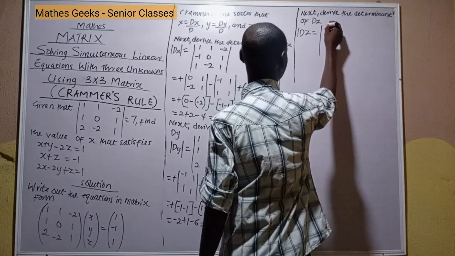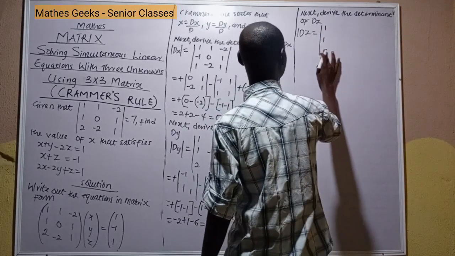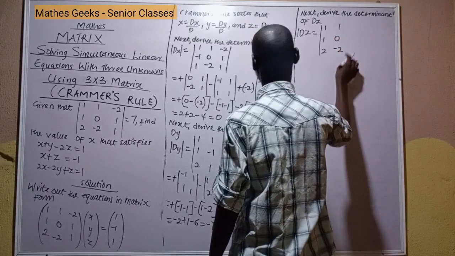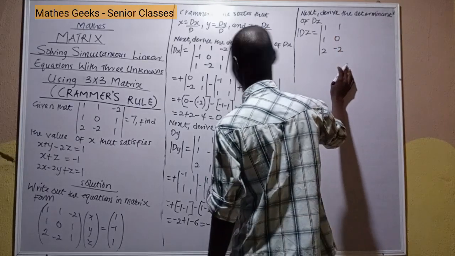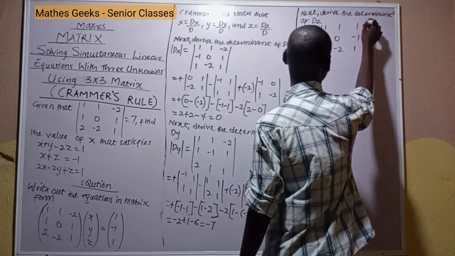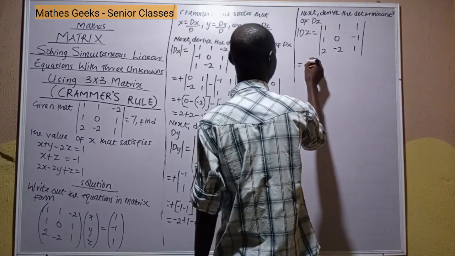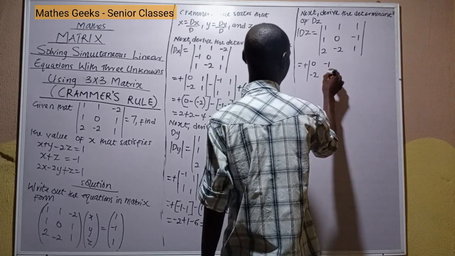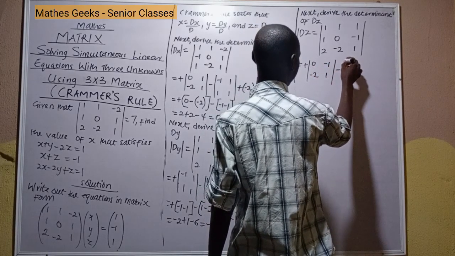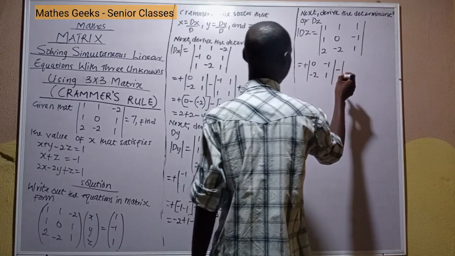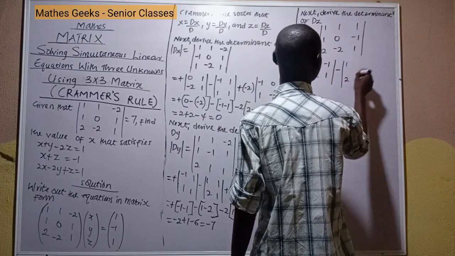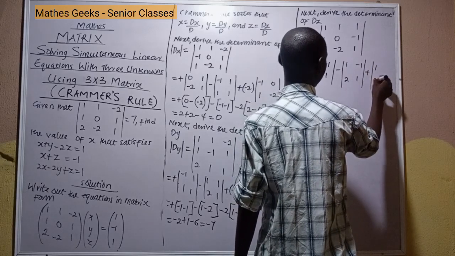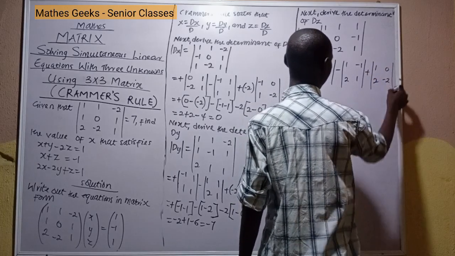So 1, 1, 2, 1, 2, 1, 0, minus 2, again 1, minus 1, 1, 2, plus 0, minus 2, minus 1, 1, minus 1, 2, minus 1, 1, plus 1, 2, 0, minus 2.